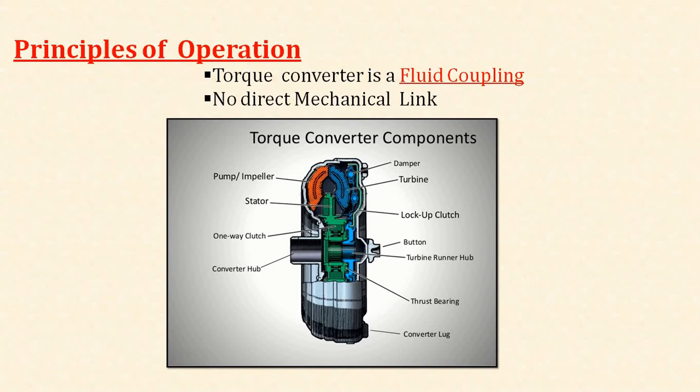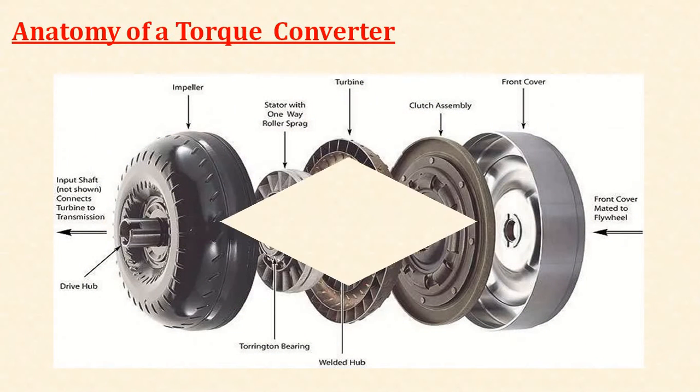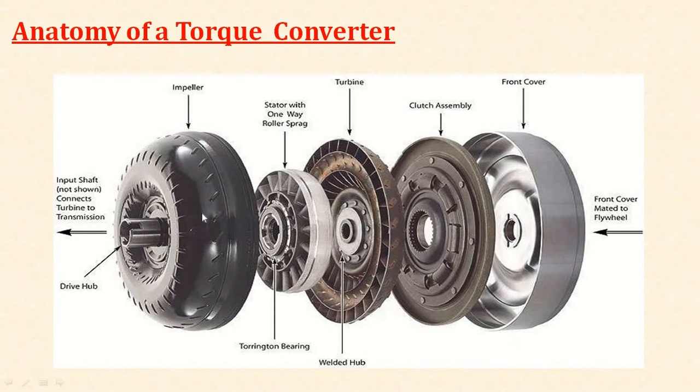Now the construction of the torque converter is similar to that of the fluid flywheel. You can see the anatomy of a torque converter with the help of the figure. This figure shows the front cover that is mated to the flywheel. This is the front cover with a hole provided, and this is the whole assembly. It is mounted inside the cover and impeller.